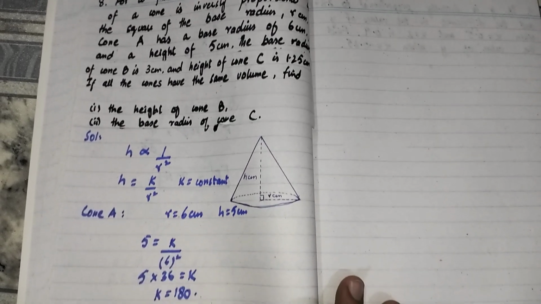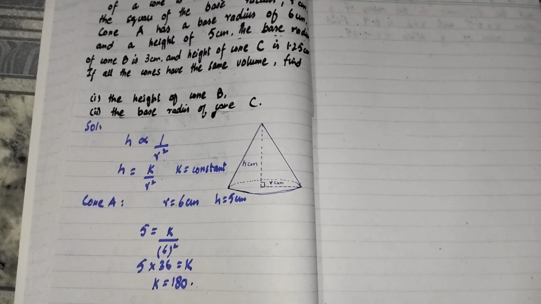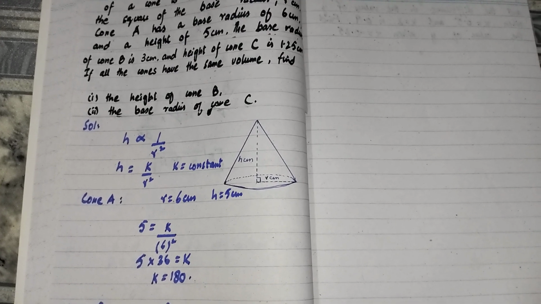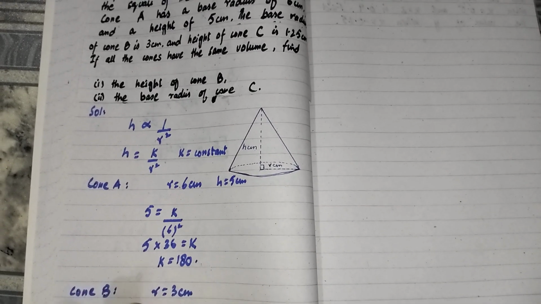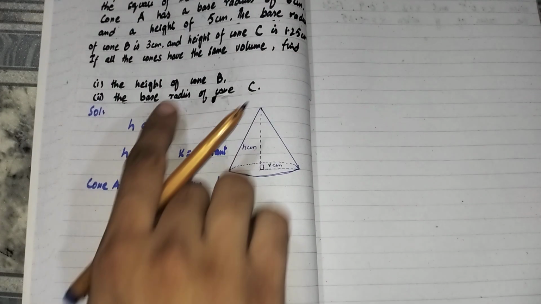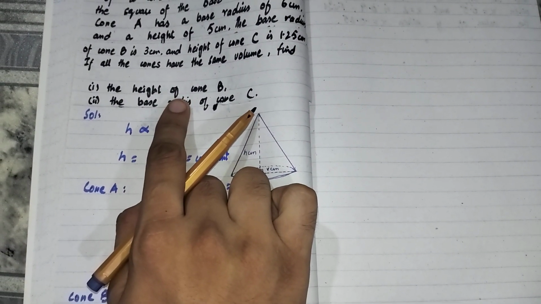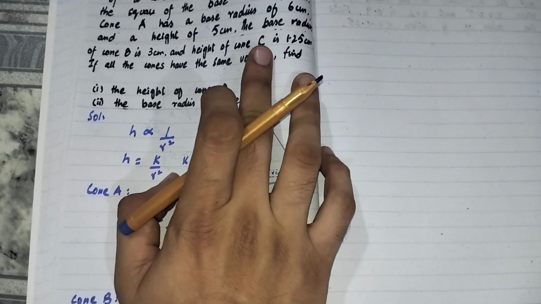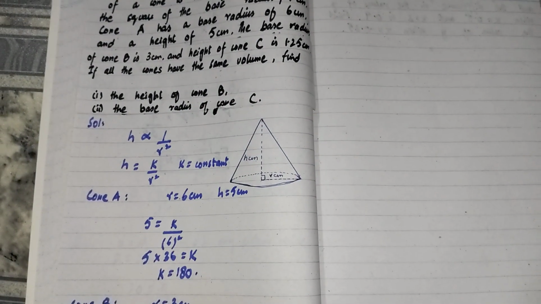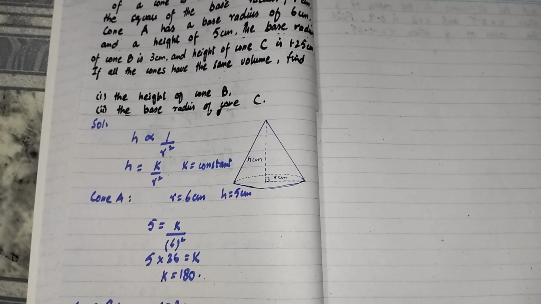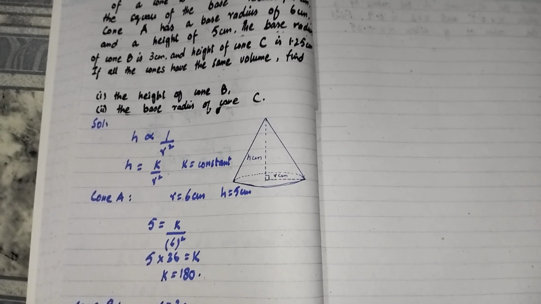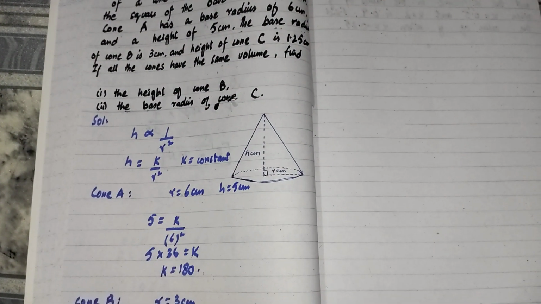If all the cones have the same volume, find the height of the cone B and the base radius of the cone C. For the cone B, the base radius is given, and we have to find the height. For the cone C, the height is given, and we have to find the base radius. In this question, we are discussing 3 cones A, B and C, and the volume of all the cones is the same.